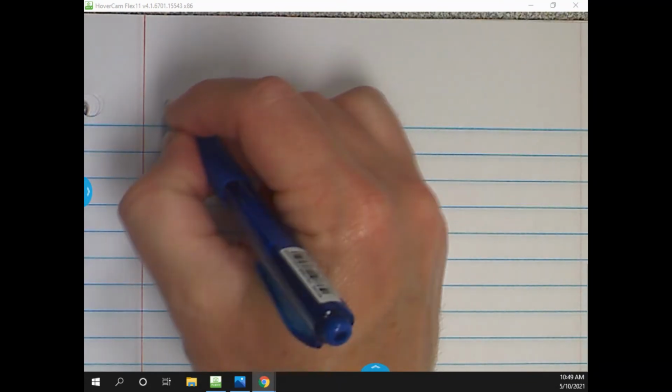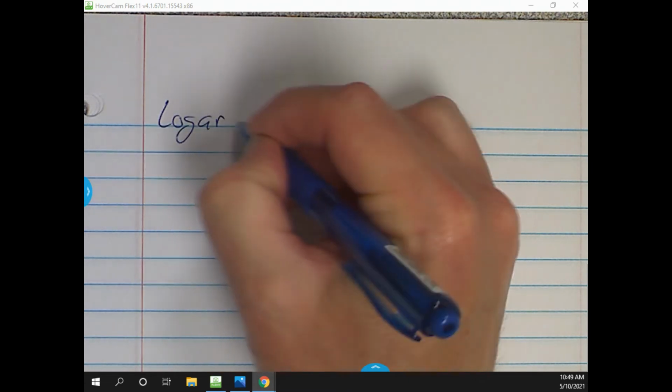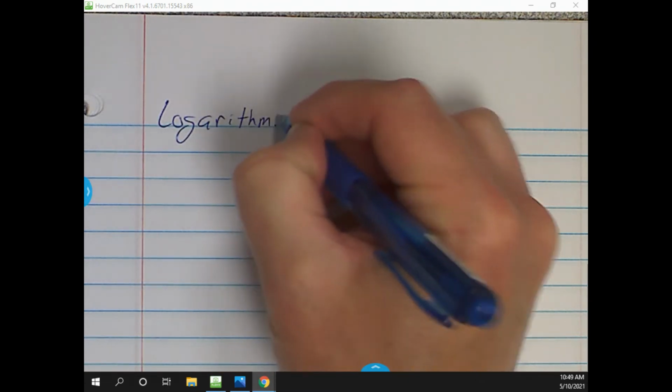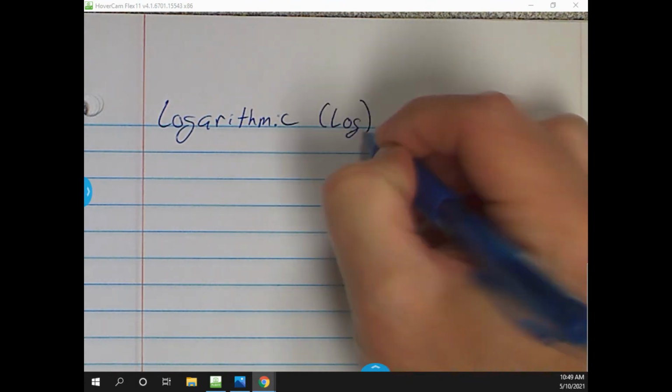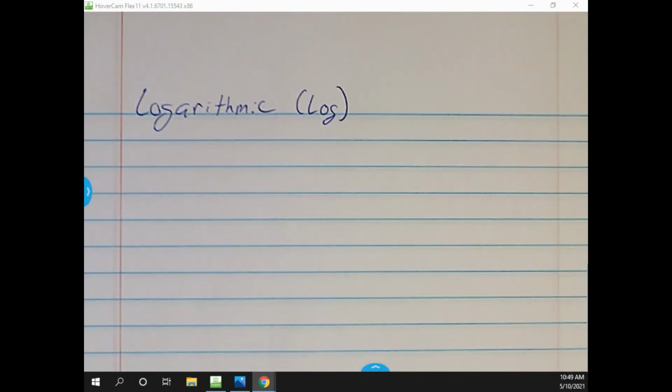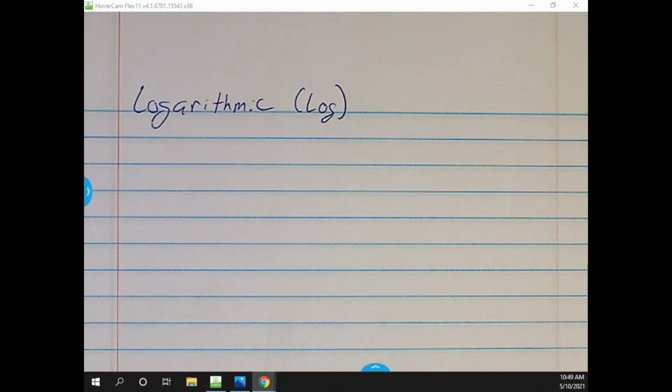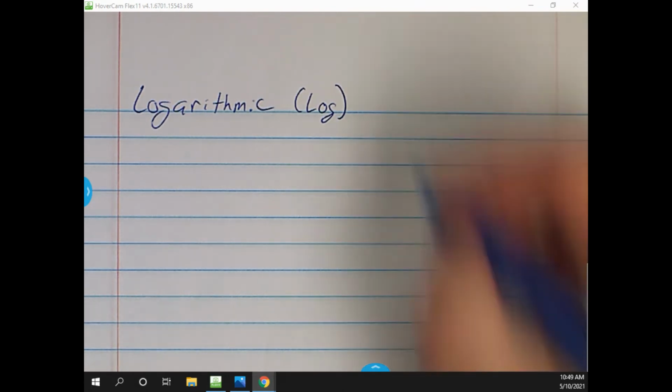We're going to look at log functions and logarithmic functions. And then we'll start tying the two of those together. Okay, again, instead of saying logarithmic every time, we'll just say log for short, just because it's a lot easier to say.